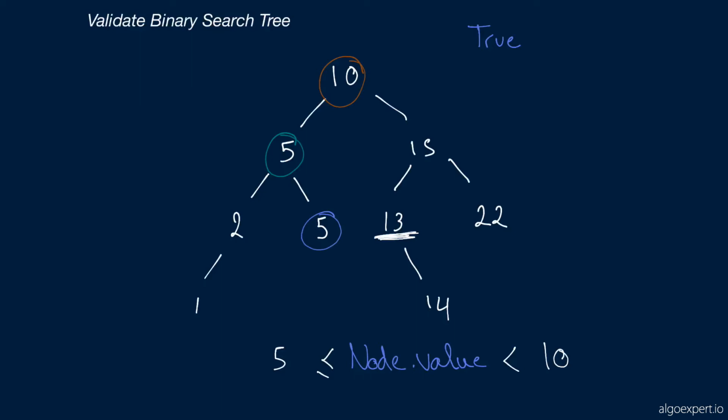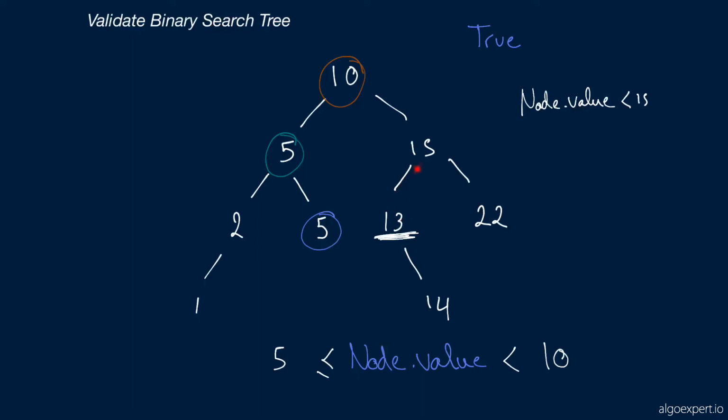is the immediate left child of 15, which means that, let's write it in white, node dot value has to be strictly less than 15, because 15 is its direct parent node, and 13 is to the left of 15.